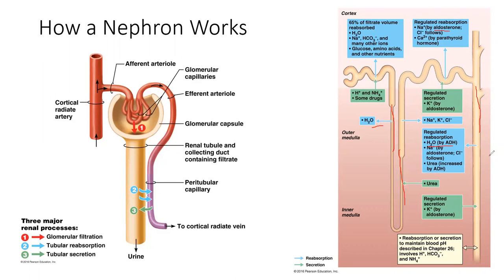If that level's low, then more water can be released, and so forth. But the main thing is that water is going to be reabsorbed through the descending loop, and our sodium, potassium, and chloride are going to be reabsorbed in the ascending loop. Urea, again, is concentrated in the ascending loop. And that's it for the urinary system. Any questions, please ask.